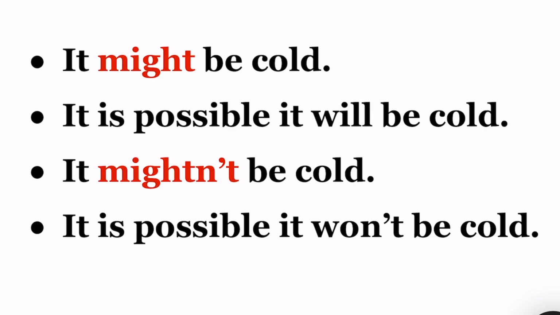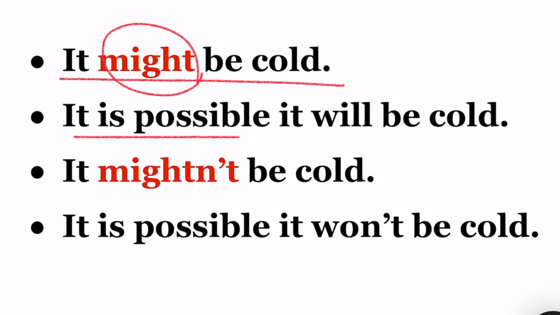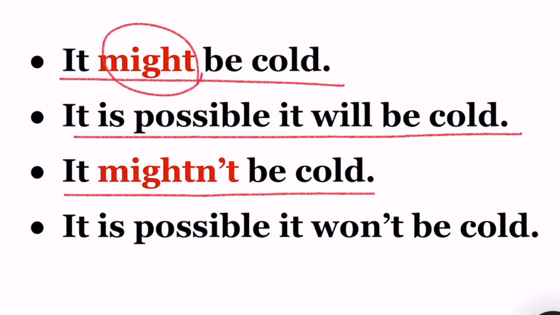Look at the example here. It might be cold. Here, might is a modal verb. It means it is possible it will be cold. It mightn't be cold is the negative form of it might be cold.